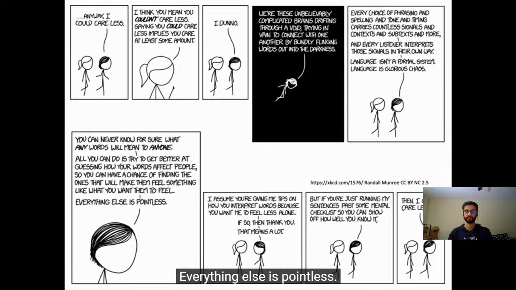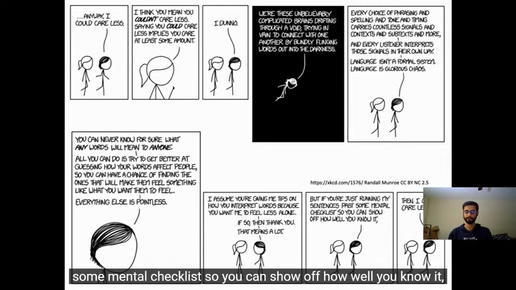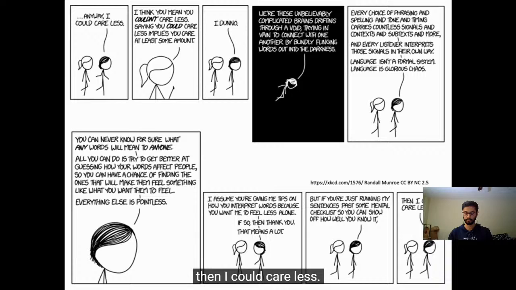Everything else is pointless. I assume you're giving me tips on how you interpret words because you want me to feel less alone. If so, thank you. That means a lot. But if you're just running my sentences past some mental checklist so you can show off how well you know it, then I could care less.